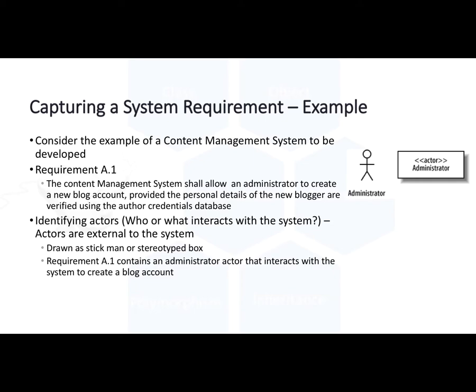So, first thing I want to think about is in this requirement, who or what interacts with the system. Now remember, an actor may be a person or a system or other kinds of events that may occur outside of the system.